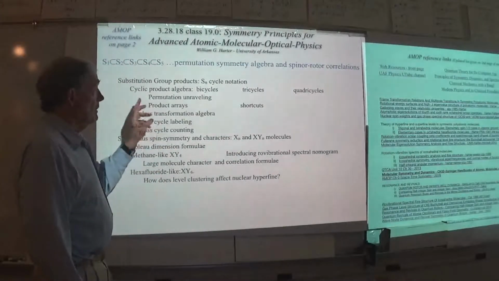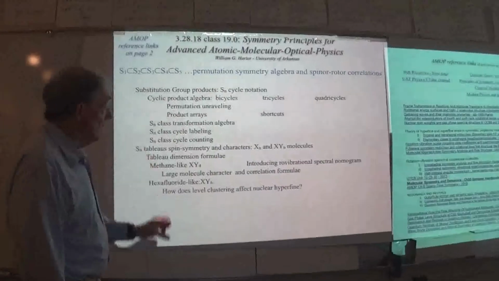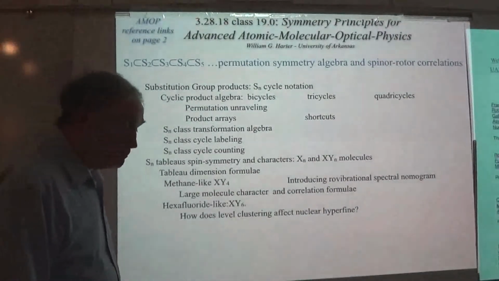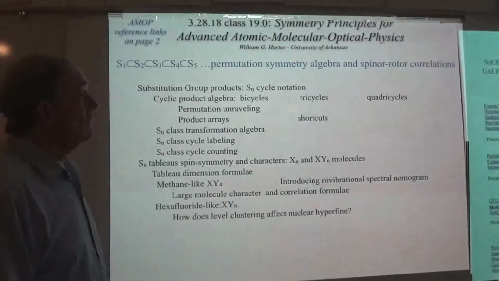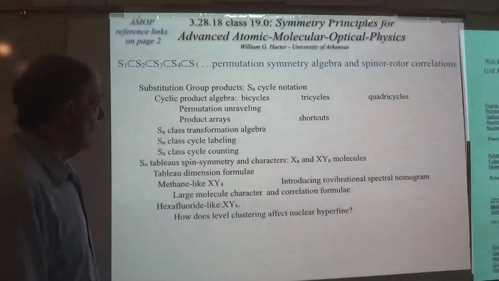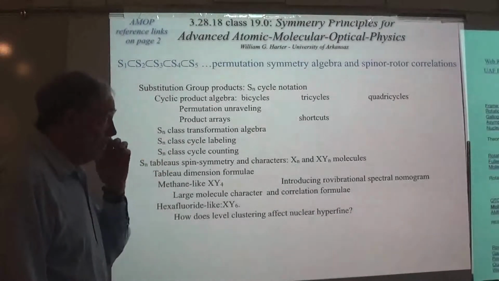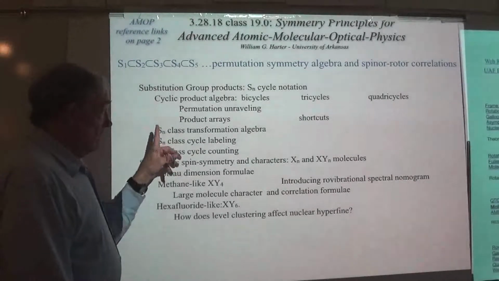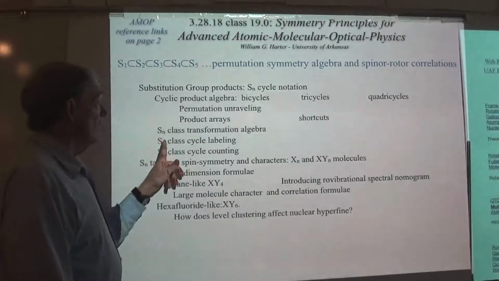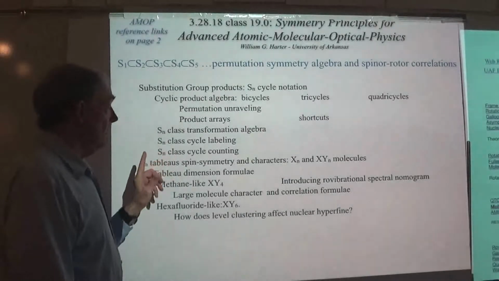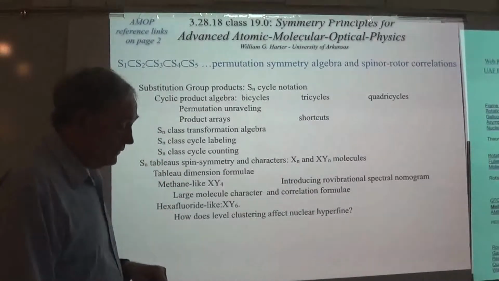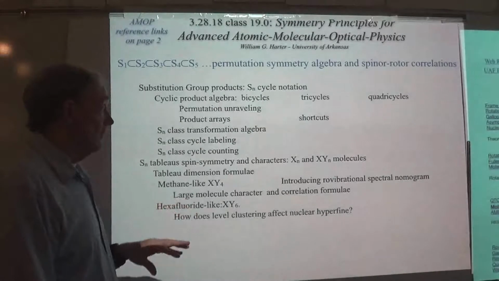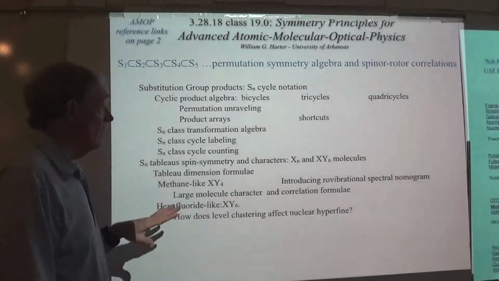I want to show a couple of ways to handle the permutational cycle notation and all of the things that make the group theory fairly elegant if you know what you're doing, including classes and the various label of pieces of the groups and other things that we're going to be using later on.